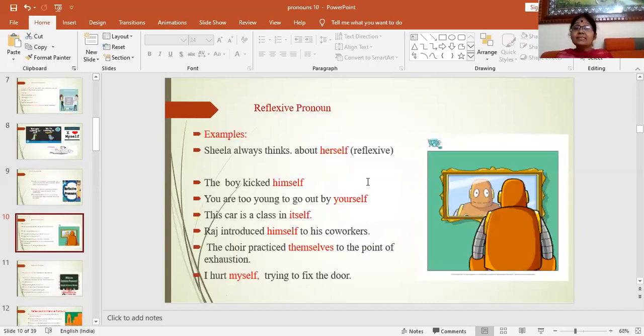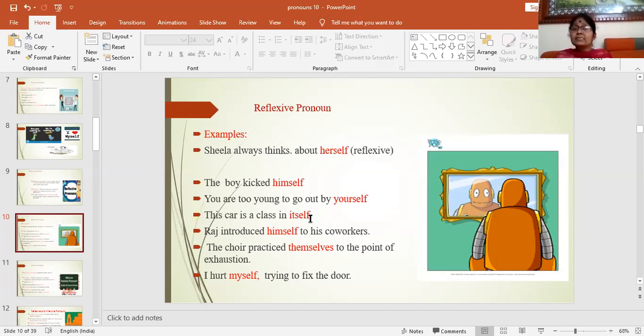Now let us understand this more clearly with examples. Sheila always thinks about herself. She thinks about herself. Both are the same. The boy kicked himself. Subject and object relate to one person. You are too young to go out by yourself. Here also the subject and object are the same.